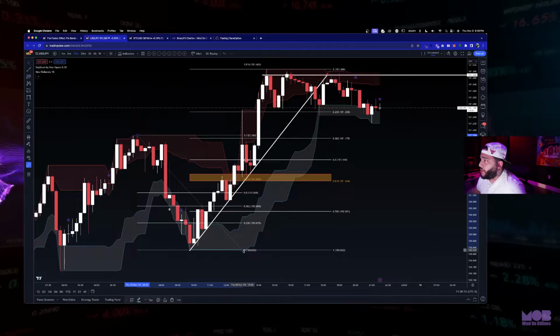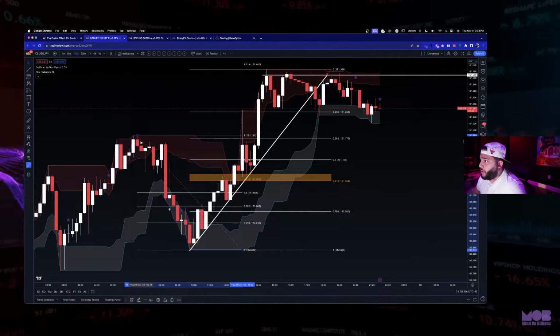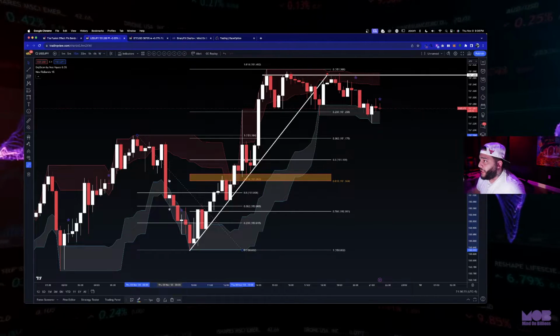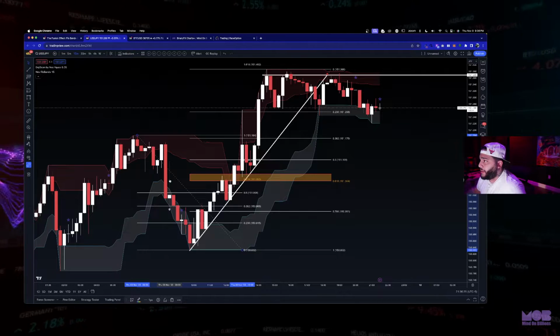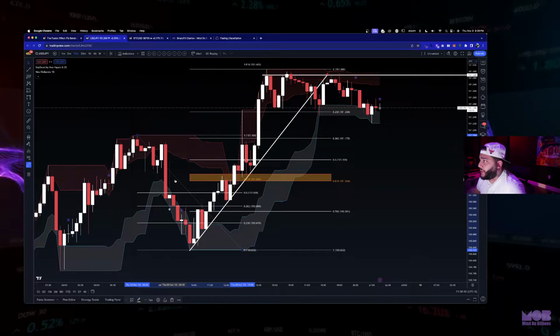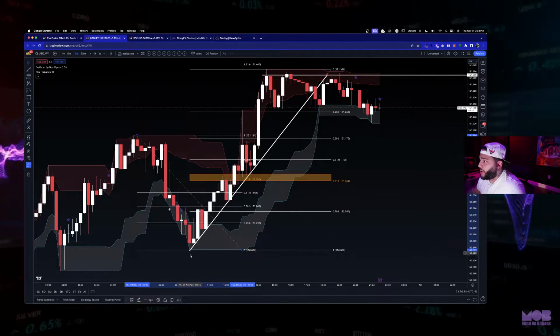So right over here, 618, 50% point. Look at this. Market drops down, boom. What happens? It starts wicking in these areas. Drop, wicked again right over here, between 618 and 50. Look at this. And it started working its way down.